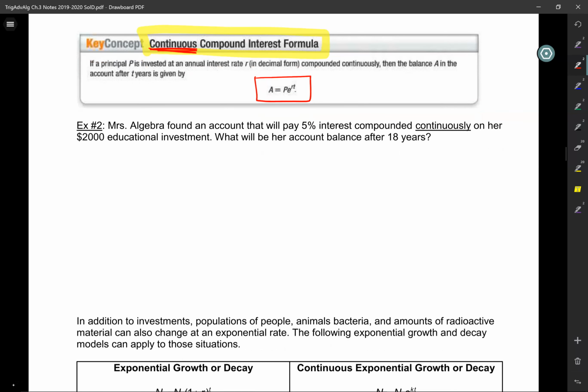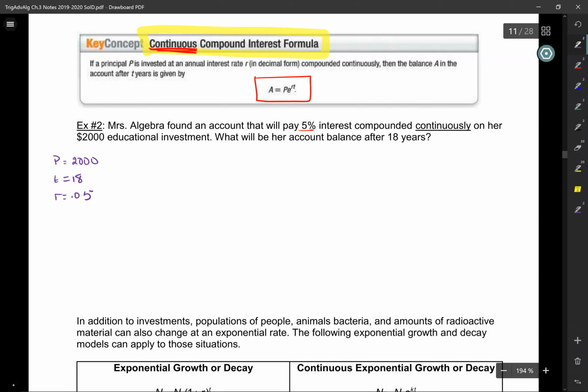So, Mrs. Algebra found an account that will pay 5% interest compounded continuously on her $2,000 investment. So here, P is 2,000, T is 18, R is still 0.05, and now A equals PE to RT, 2,000 e to the 0.05 times 18.